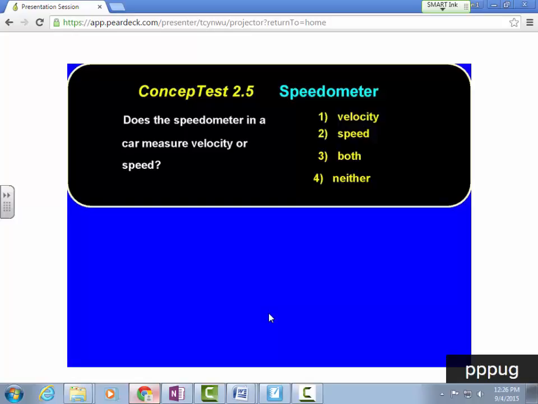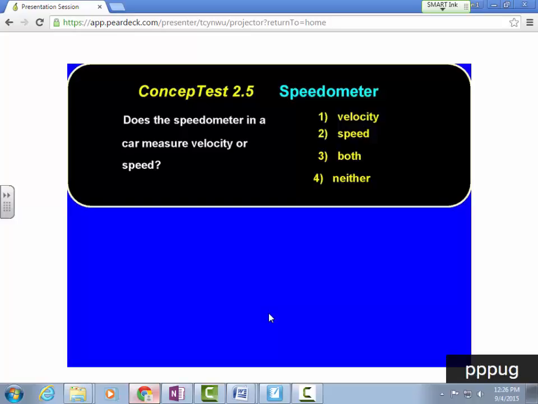But one way to definitely determine that your speedometer is measuring speed is what? What would you do? You would go on a racetrack, right? You take your Ferrari or your Honda Fit, one or the other, and you drive in a circle, and by driving in a circle, you complete one lap.